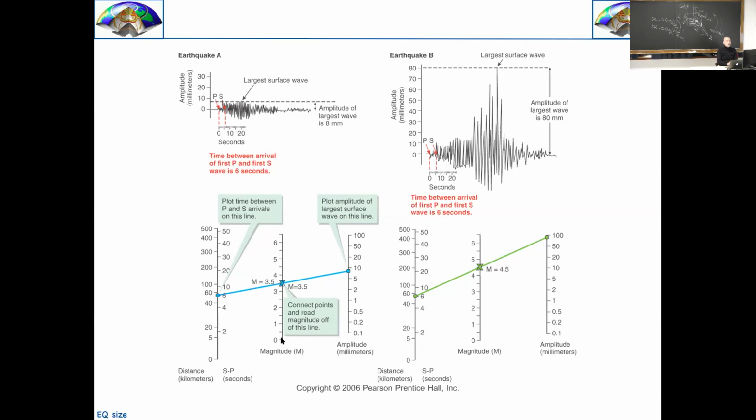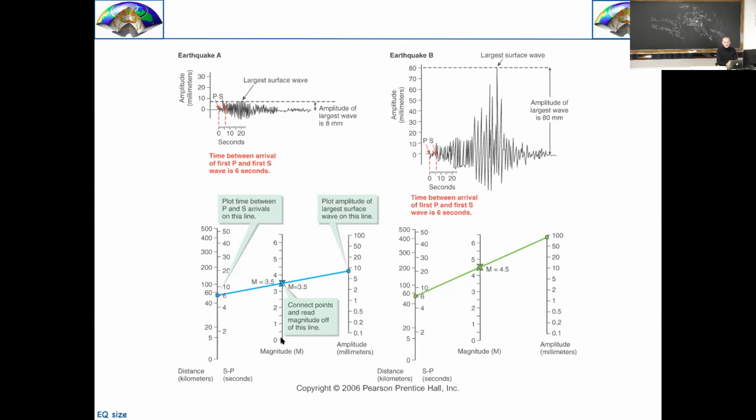So magnitude 0 does not mean zero energy. It means an earthquake which is able to produce at that distance an amplitude of 1 micrometer. So it's not zero amplitude. It's equal to the reference value.